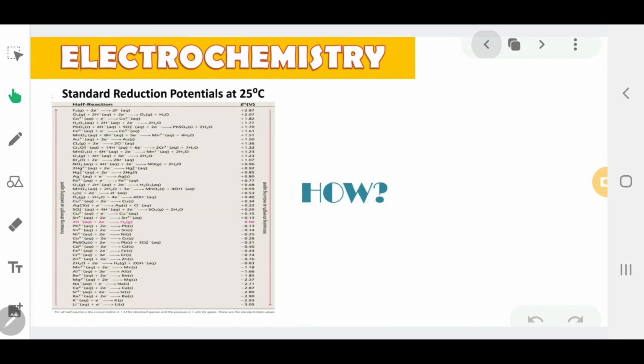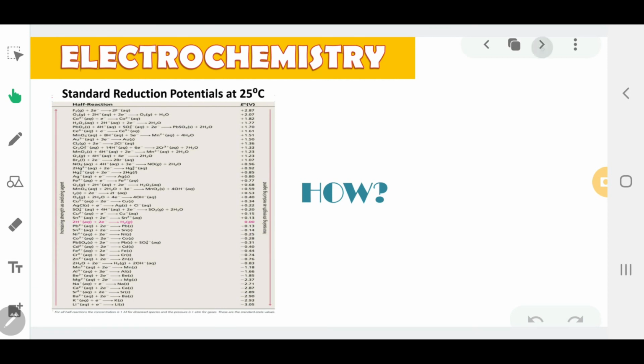If you go back to this slide, you can see that the one in red there is the standard hydrogen electrode half cell, and it has the E0 value of 0. So we know that for the standard hydrogen electrode, the SRP value will be equal to 0.